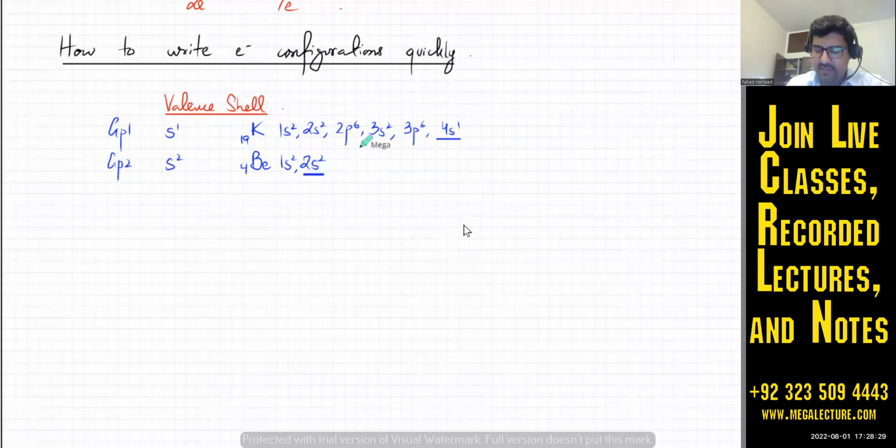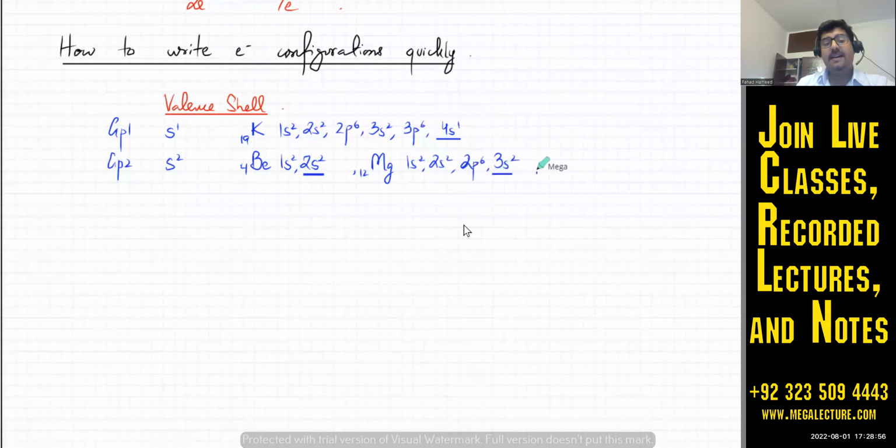Even if you try some other element like magnesium. Magnesium is 12. So it's going to be वही आएगा. It's going to be 1s2 and then 2s2, then 2p6. And then there's going to be 3s. So S ही आ रहा है with 2 electrons, and so on. We can just keep on doing this.